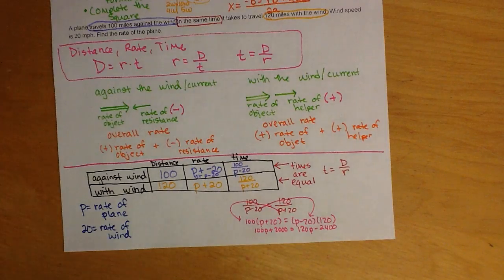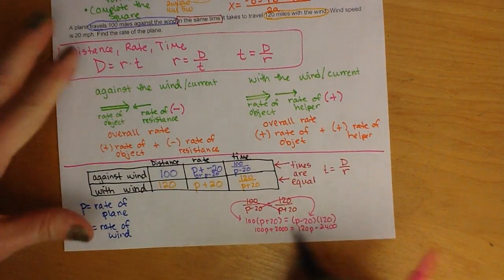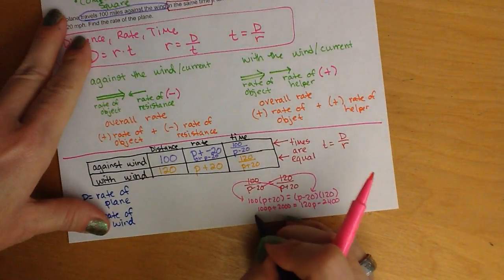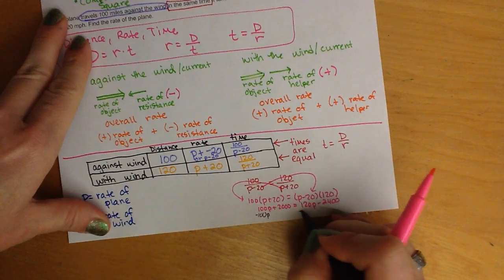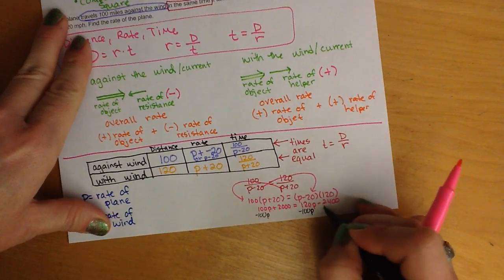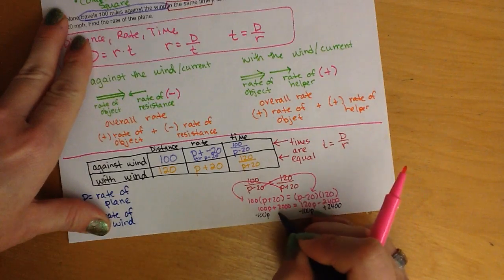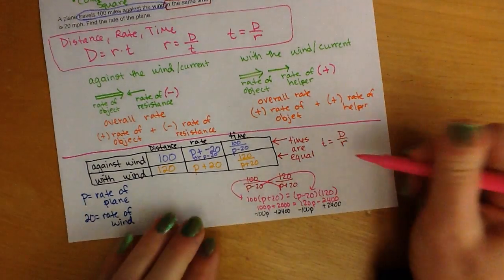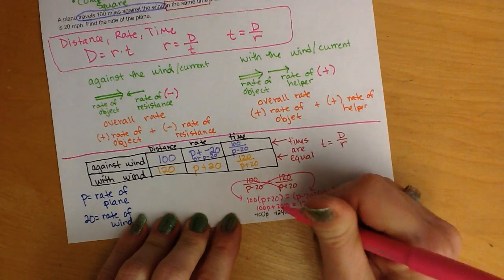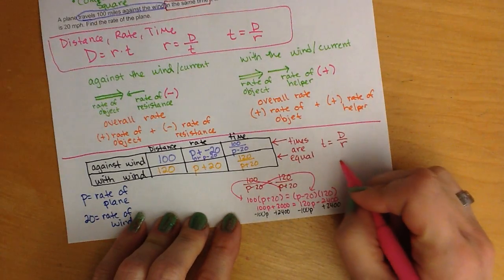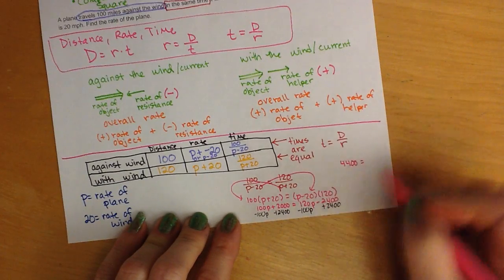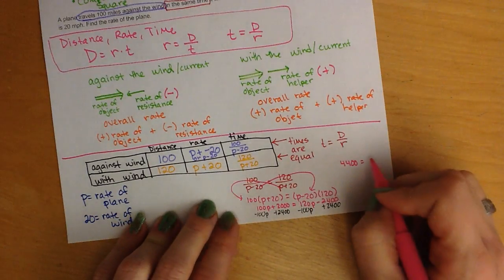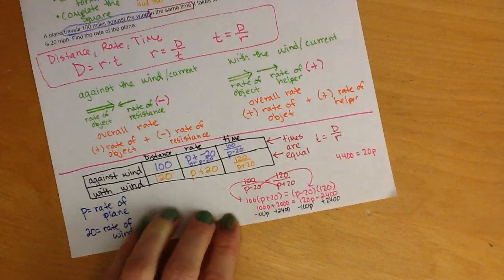And then we'll solve this. It's a linear equation, so I'm going to move all my variables to one side and move all my non-variables to the other. So I have 2,000 plus 2,400, so 4,400 equals 120 minus 100, 20P.